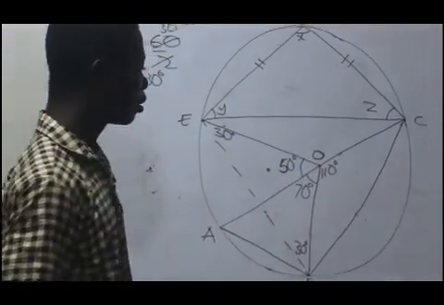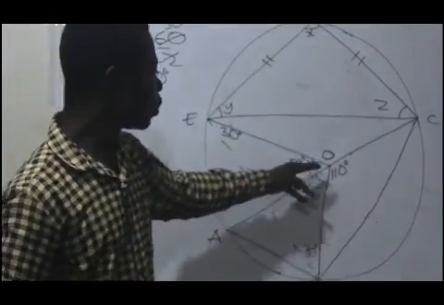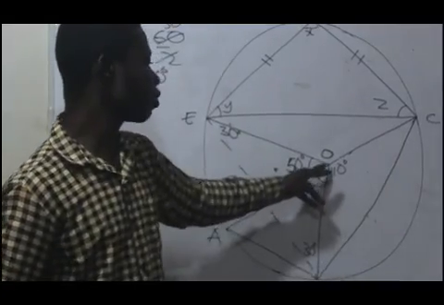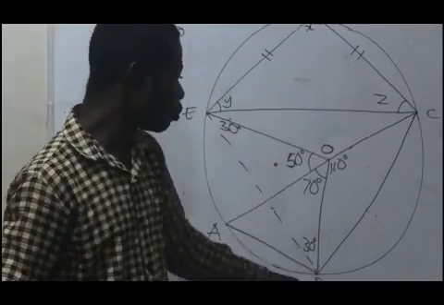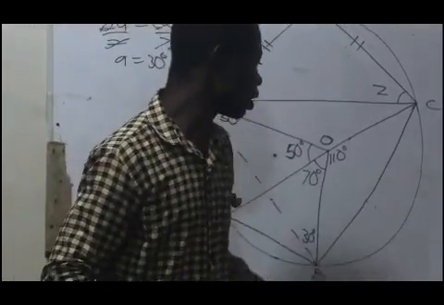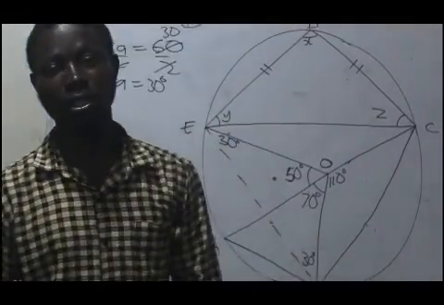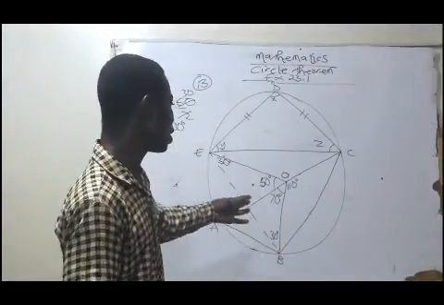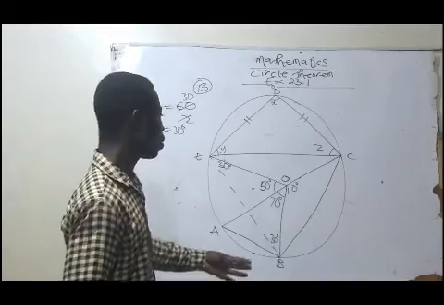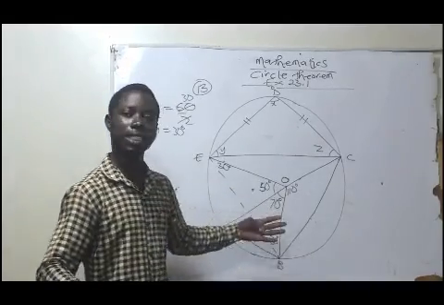Now, also we have radius OC, because there's a line from the center to the circumference. So radius OC and radius OB are forming a triangle. This triangle also gives us an isosceles triangle, and two of its base angles are equal. When we deduct 110 from 180, we get 70.